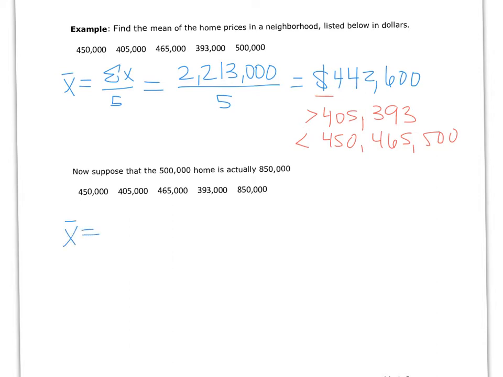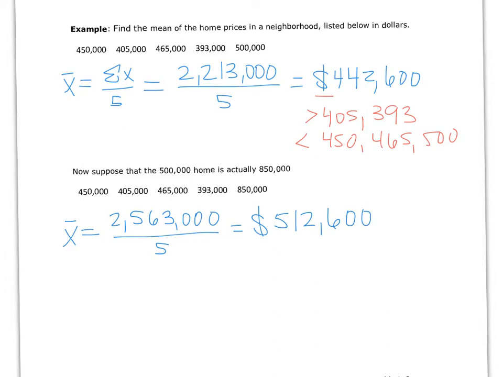We're going to sum up the x values, and this time it's going to give us the sum of 2,563,000, and if we divide that by 5, our mean home price is 512,600.